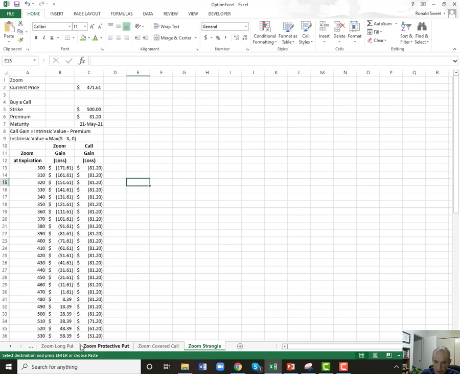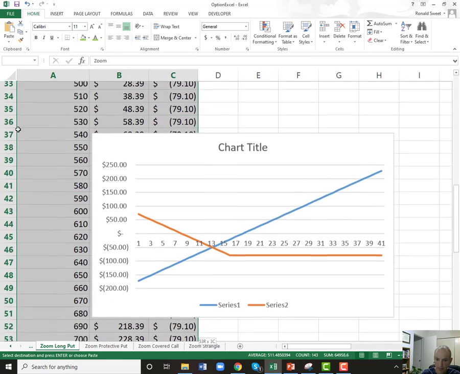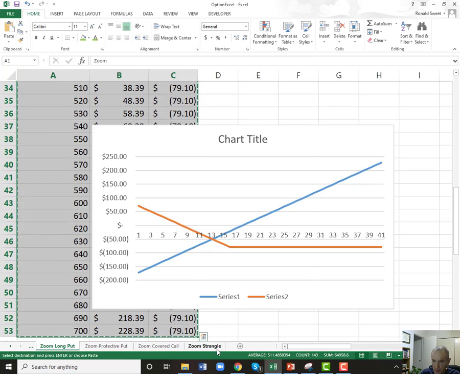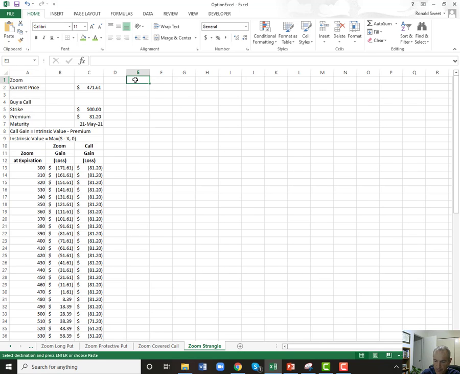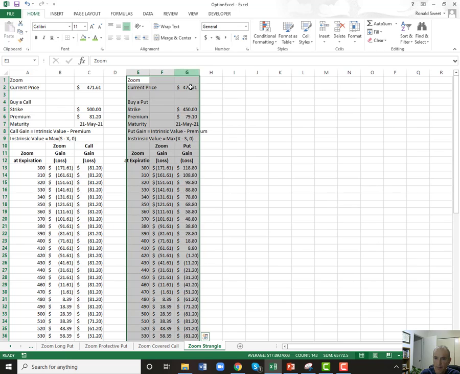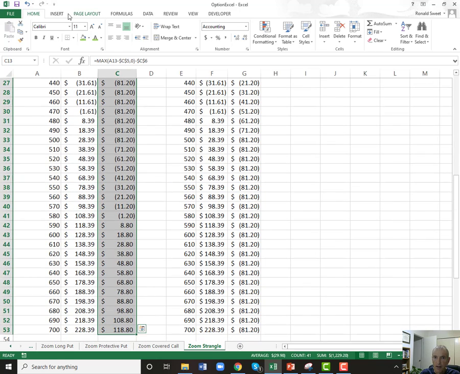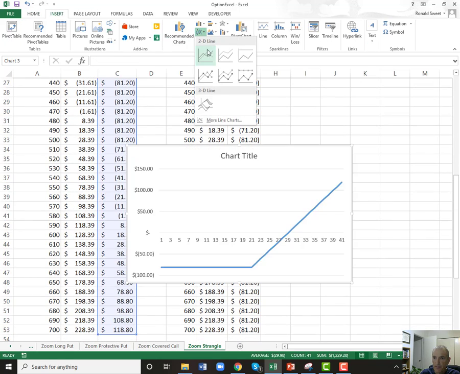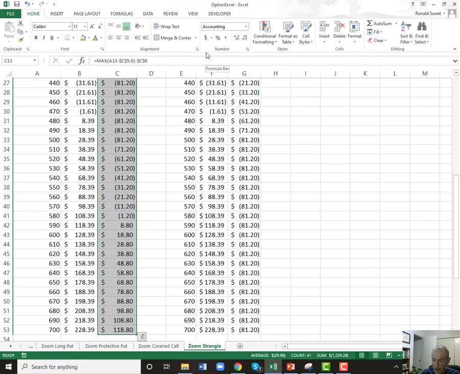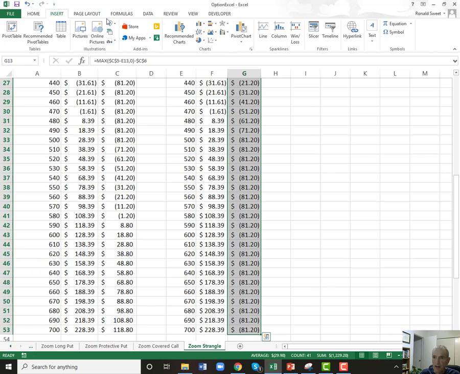And let me bring the put over. But for the put, I'll just bring just the numbers over. All right, so for the call, we just did the call. Remember, the call gives us that hockey stick looking thing. When we do the put, we get the backwards hockey stick.